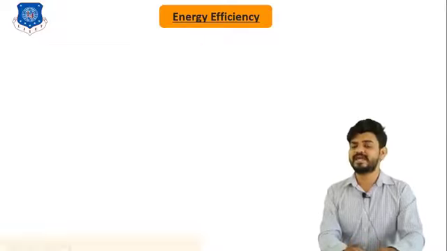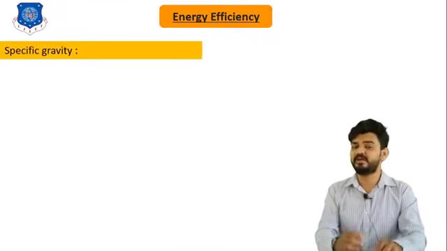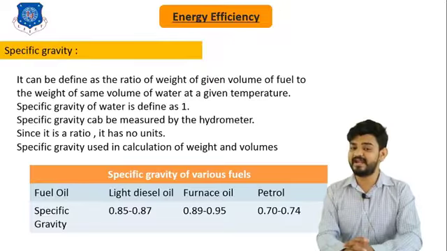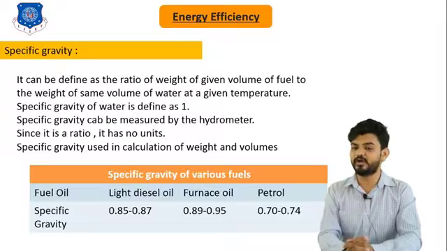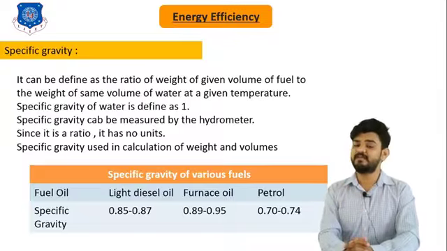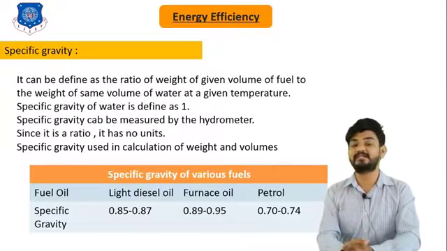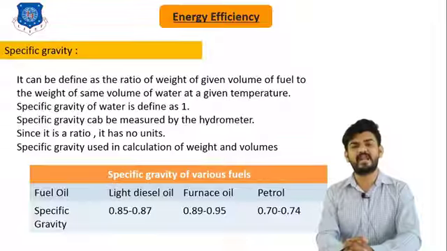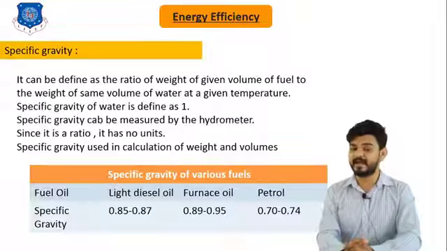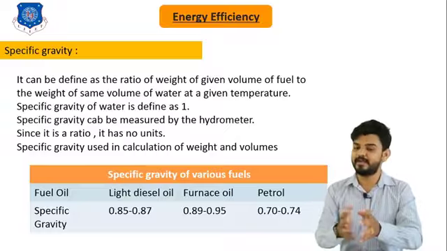Now, the next property is the specific gravity. It can be defined as the ratio of the weight of a given volume of fuel to the weight of the same volume of water at the given temperature. The specific gravity of water is 1. Specific gravity can also be measured by the hydrometer.